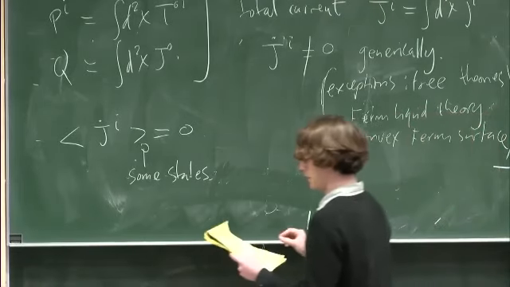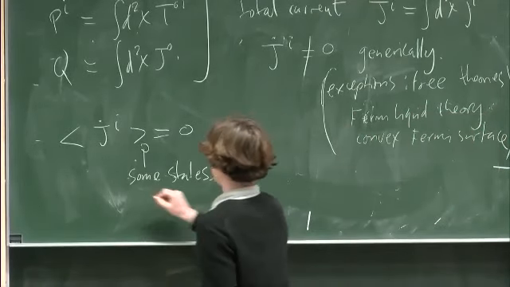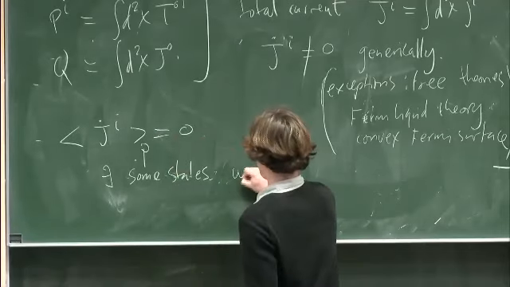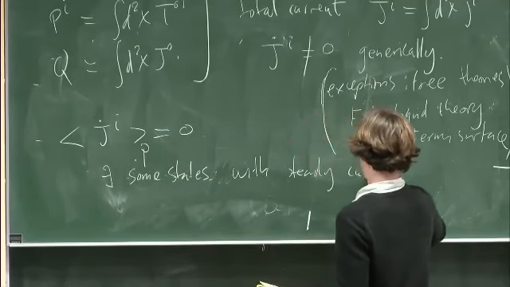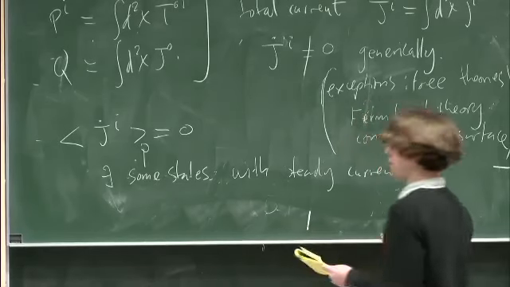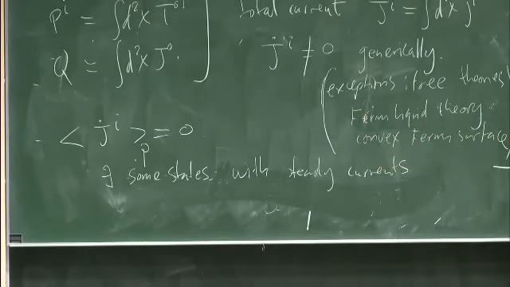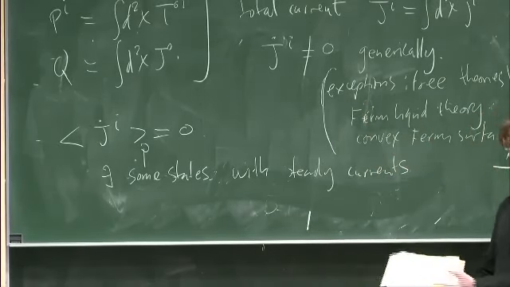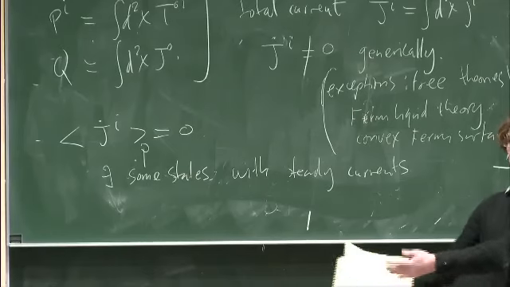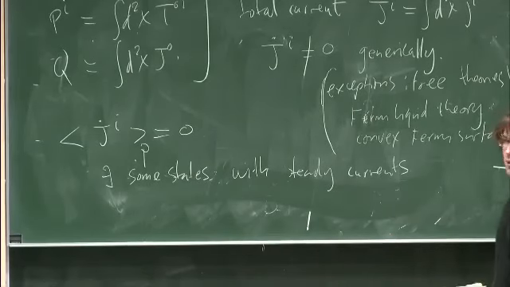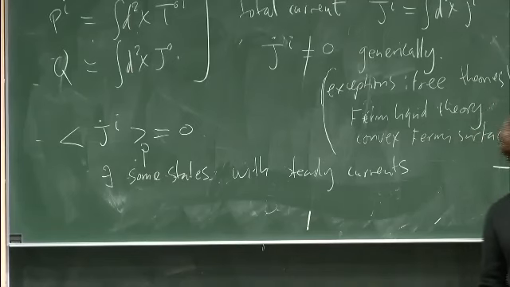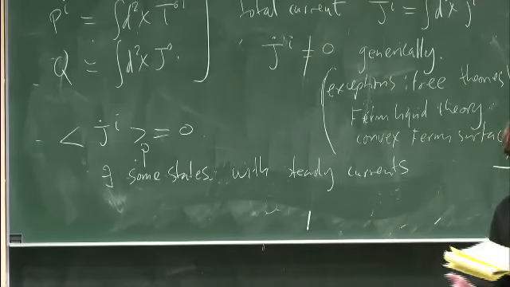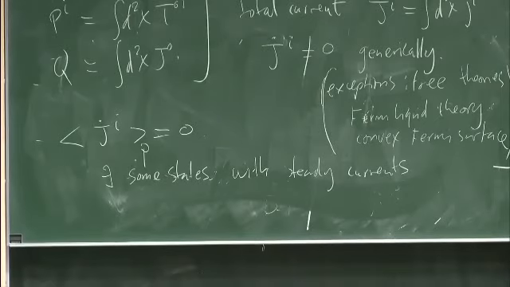Specifically, there exist states with steady currents, and the obvious one in a relativistic theory is to just boost. I'm sitting there with some charge and I boost, and I'm going to see a current. If I'm traveling towards the charge, I'll see a current, and that current's not going to relax. So in that state, there can be a persistent current.